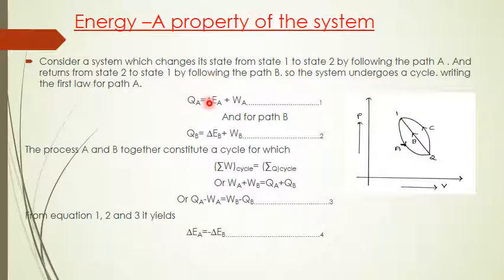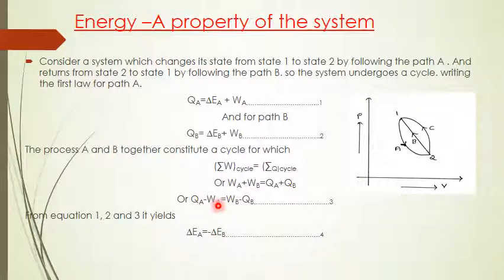Here we have applied the first law of thermodynamics for path A and path B individually. Then the processes A and B together constitute a cycle, for which the summation of work interaction equals the summation of heat interaction. The work in the cycle is WA plus WB, and the heat interaction is QA plus QB.